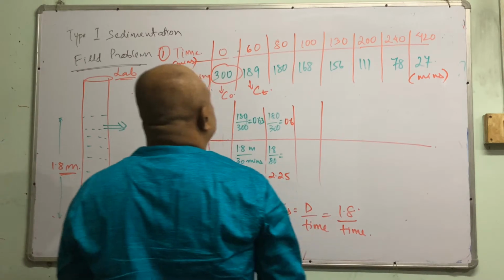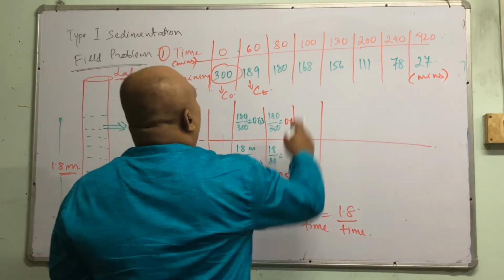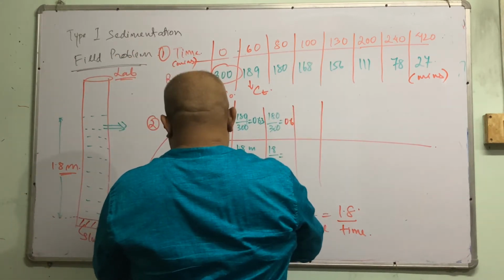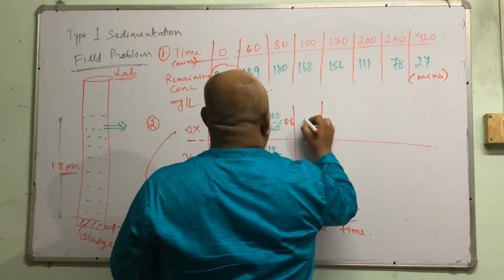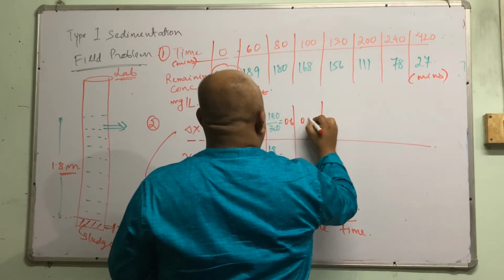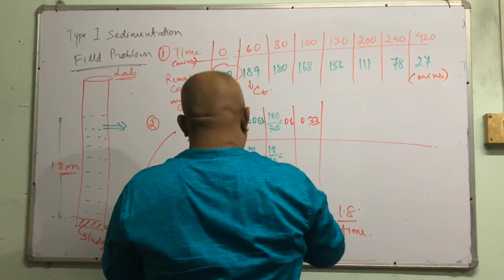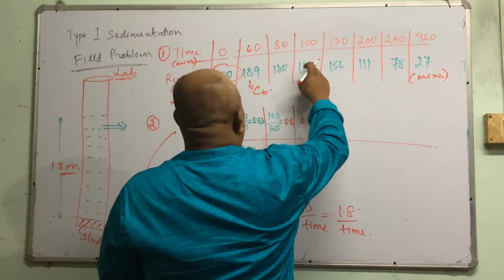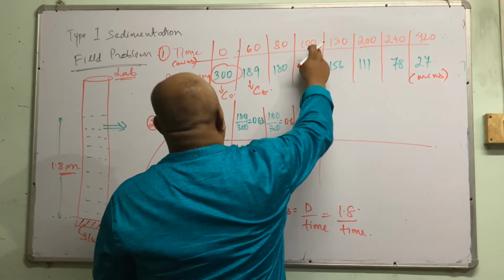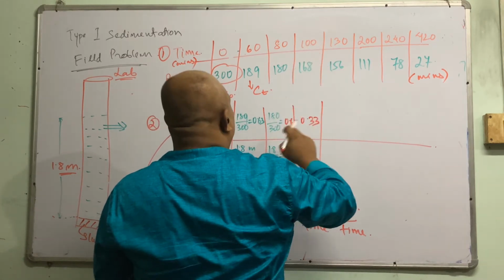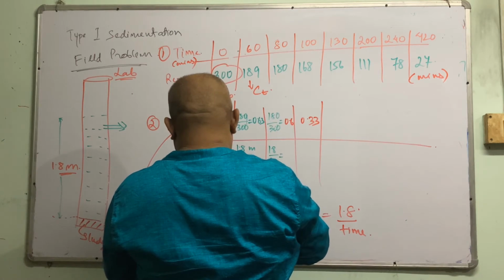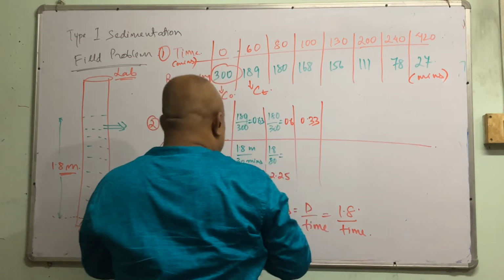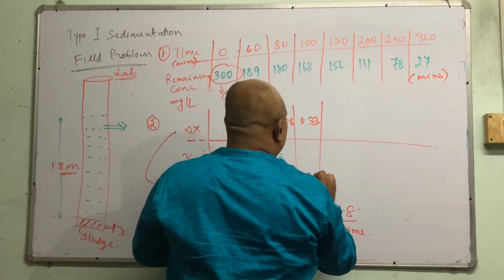For this, there is 100 by 300, which is 0.33, and this is 1.8 divided by 100 minutes.